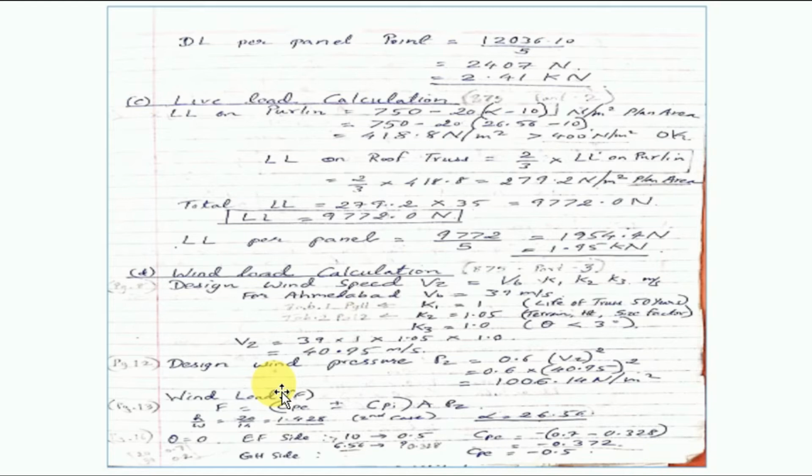Now we need to calculate wind load. Wind load F equals external wind pressure plus or minus internal wind pressure into A, area of truss, into Pz. For external wind pressure, we need to find first H by W and alpha.